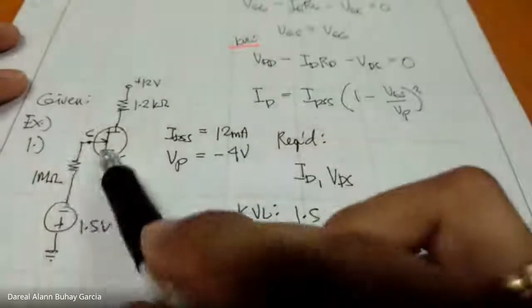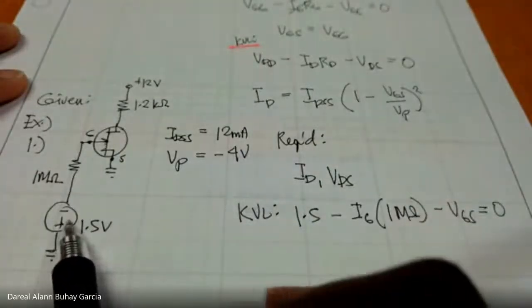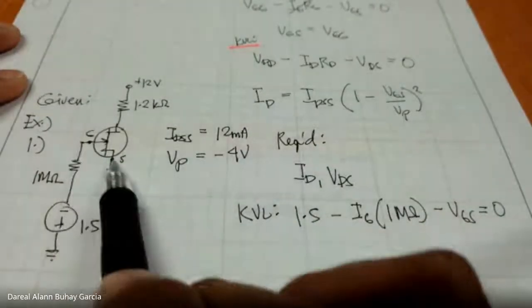So, KVL: 1.5 minus 0 minus VGS equal to 0. We know that this is 0, therefore VGS is equal to 1.5 volts.